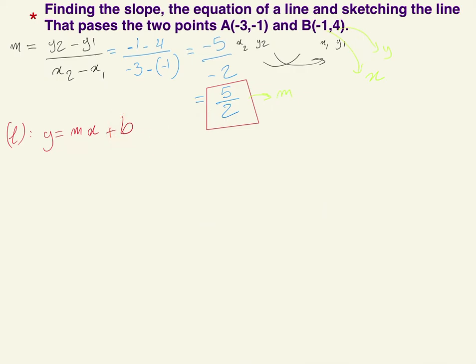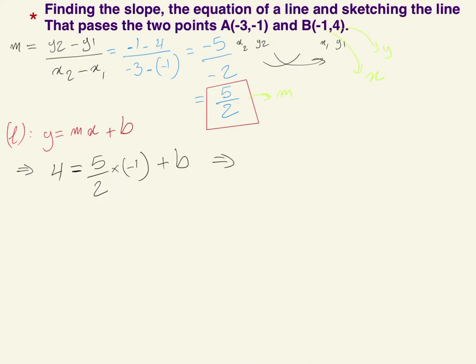So this one here is going to give us y, we say is 4, equal to m is 5 over 2, and x we have it is -1, plus b.